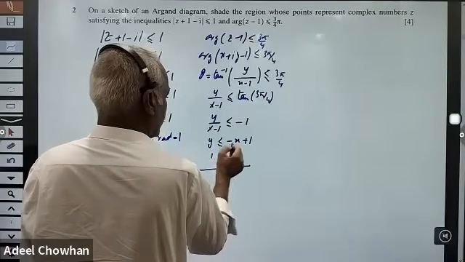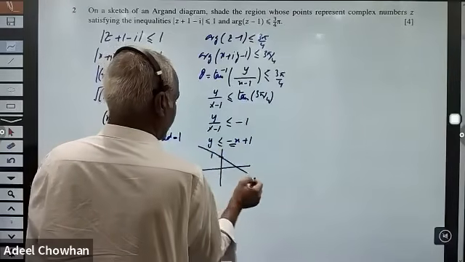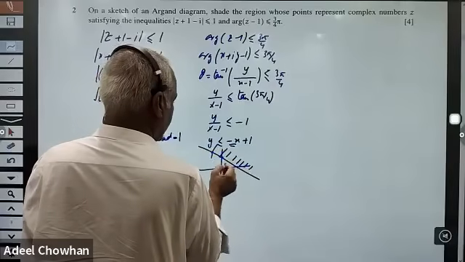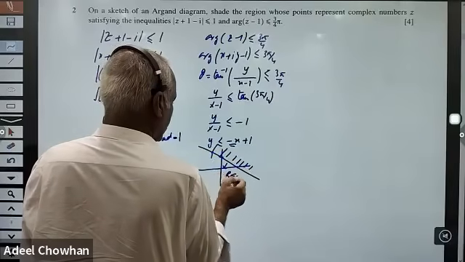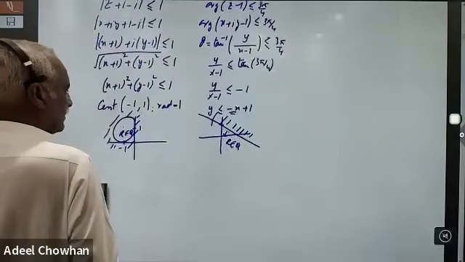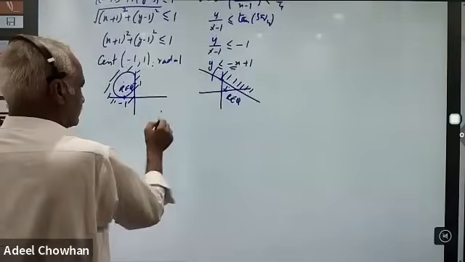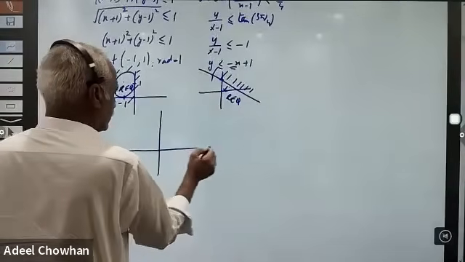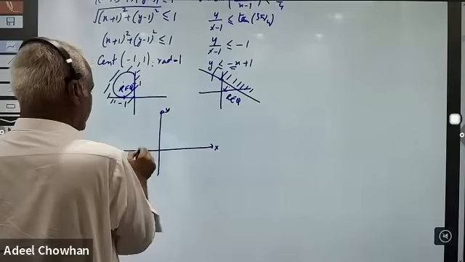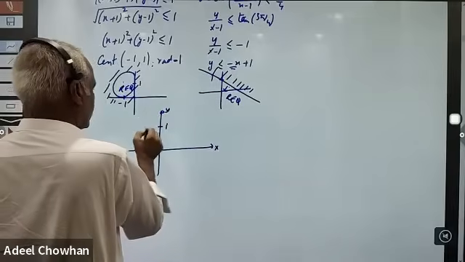The y-intercept is 1 and the slope is negative, so it is a graph like this. And because it is less than, the lower part is the required region of this. So you have to represent it on both the same lines. This is the x-axis, this is the y-axis, this is minus 1, this is plus 1.